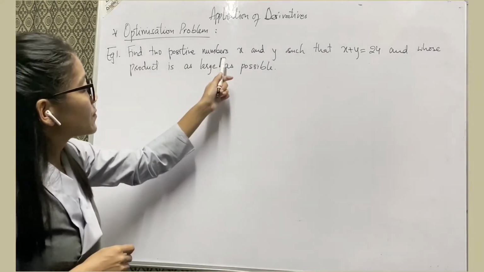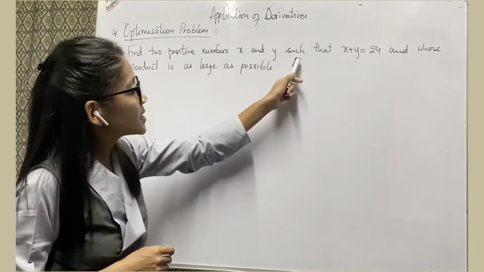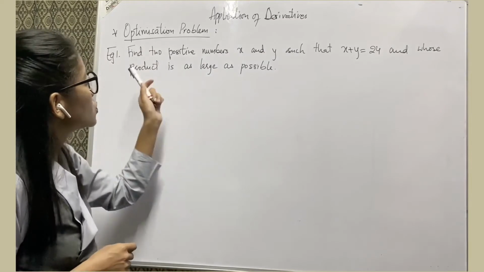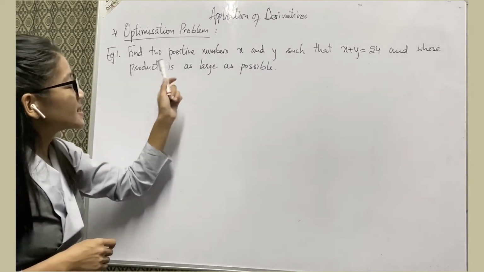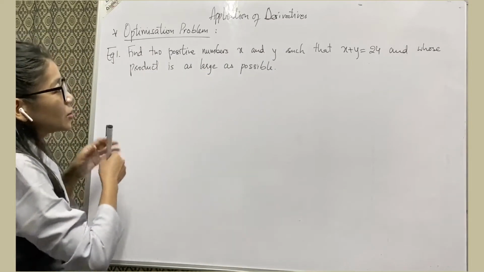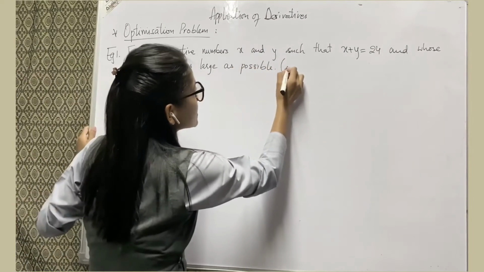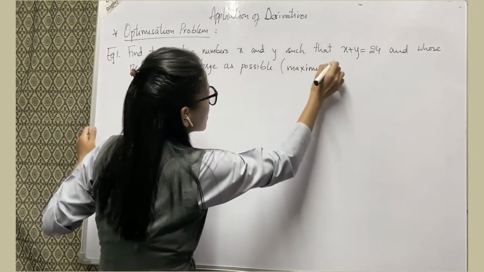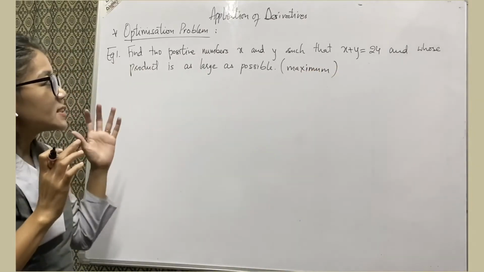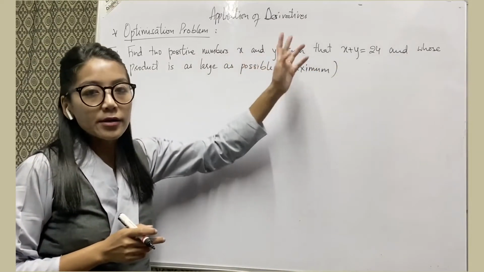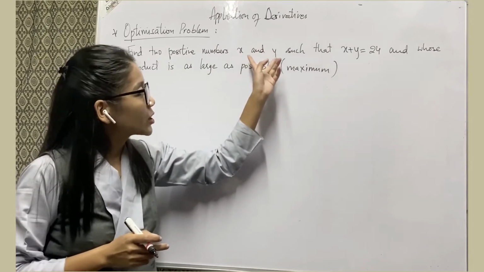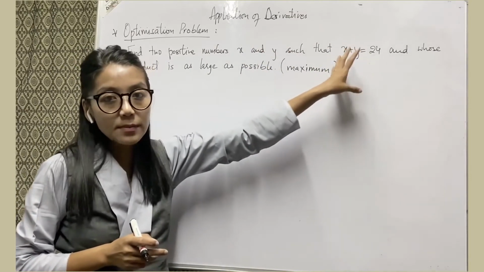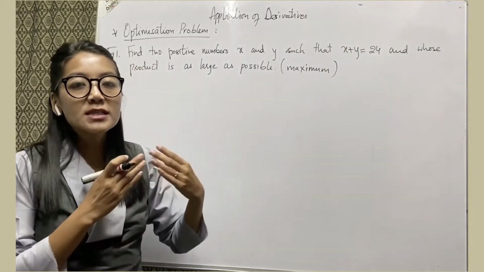Find two positive numbers x and y such that x plus y is equal to 24 and whose product is as large as possible, or you can say whose product is maximum. Now the sum of the two numbers is given here. You are given that the sum of x and y is 24, so the sum is given and the product is to be maximized.